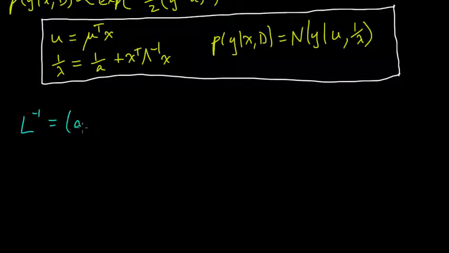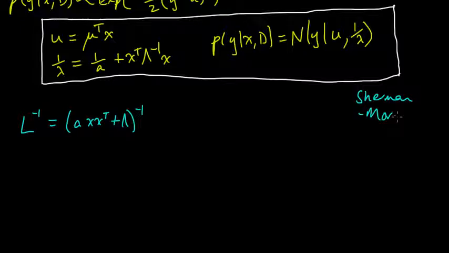The inverse is the inverse of that, and it turns out there's a great little linear algebra identity called the Sherman-Morrison identity or theorem that allows us to invert this.